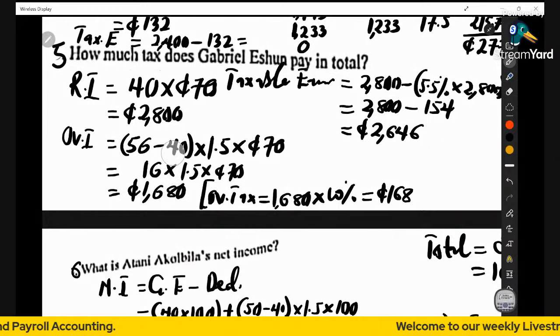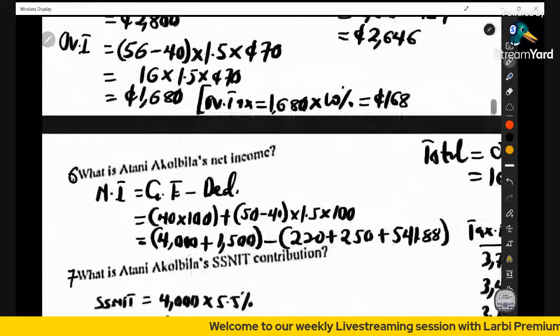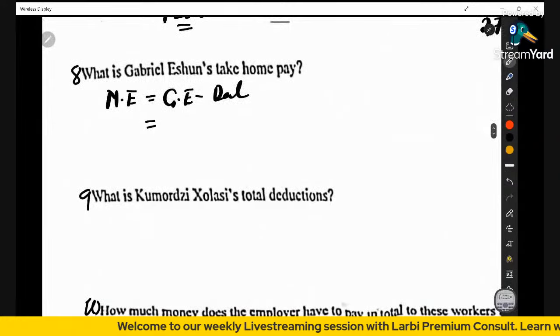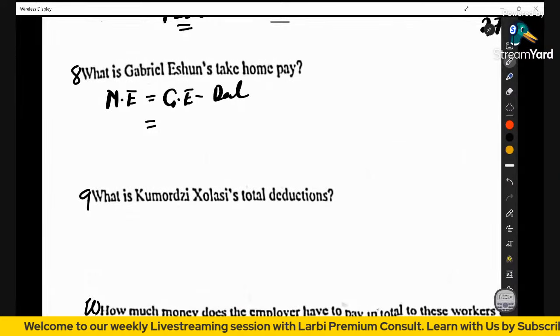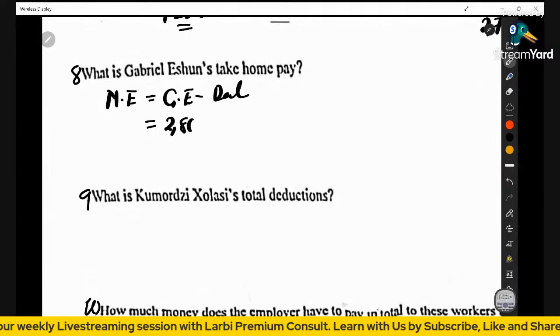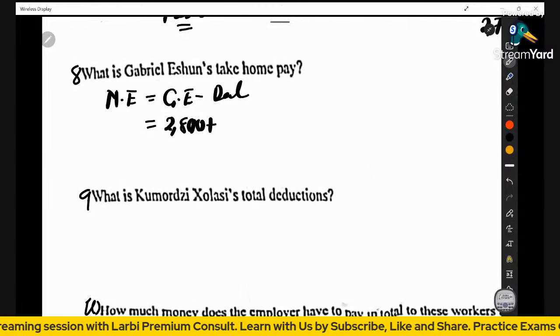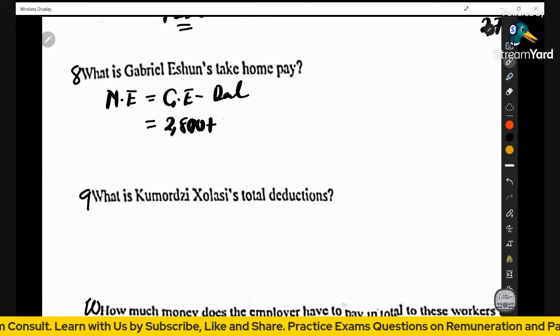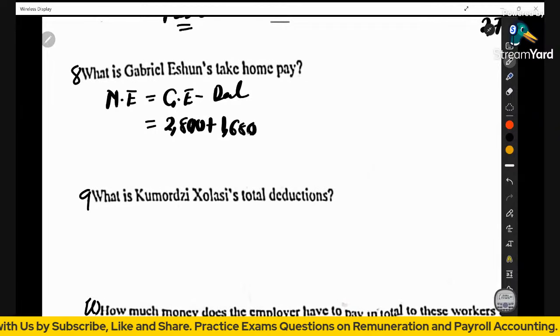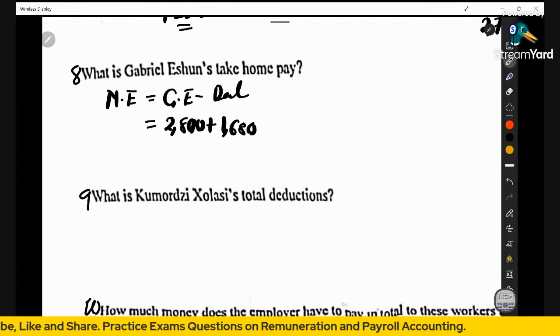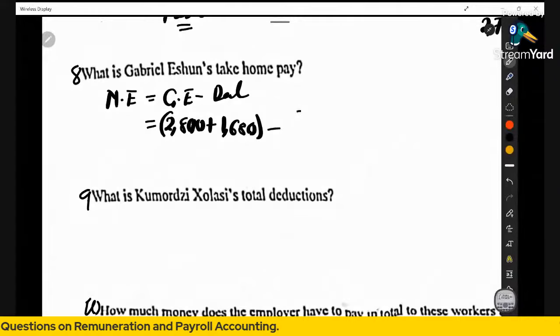All right, so we can add them, and that becomes the gross earning for Gabriel. So we'll have 2,800 plus the overtime income of 1,680 as we computed. Okay, so that becomes the total gross earning, and then we make all deductions.